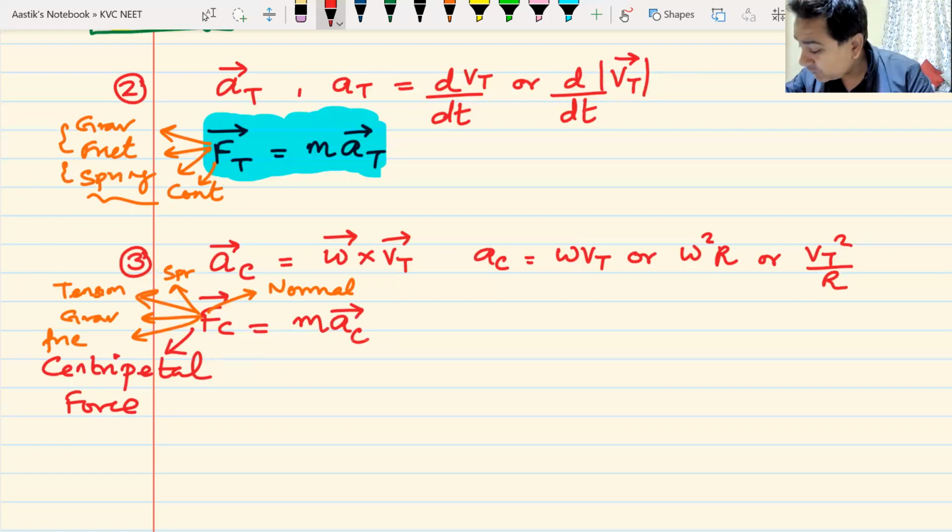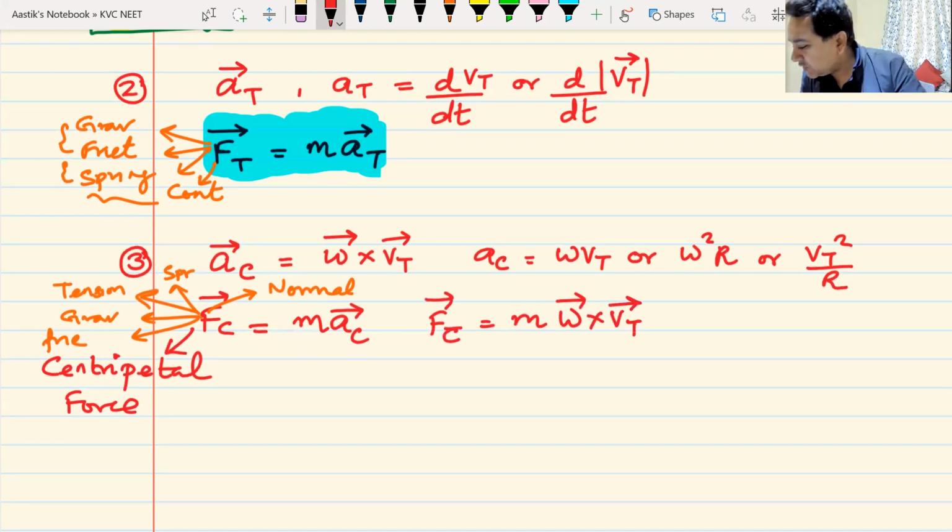If I write it in the vector form more elaborately, I can write this Fc vector as m times omega cross Vt vector. This is the best way to write it.